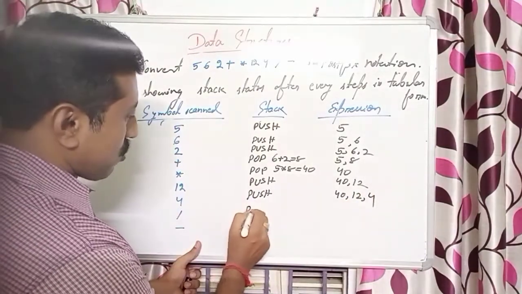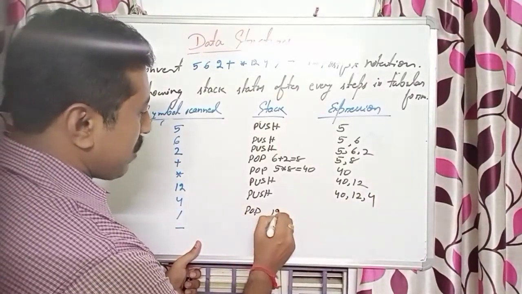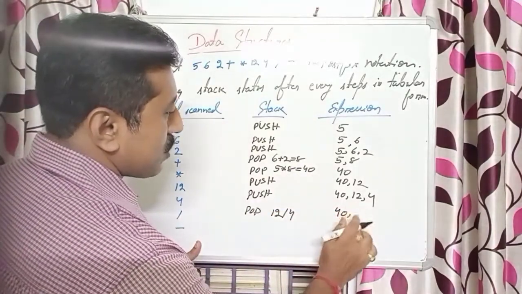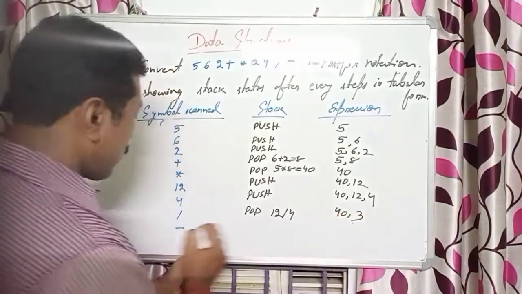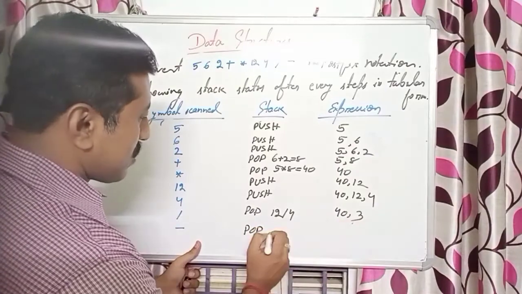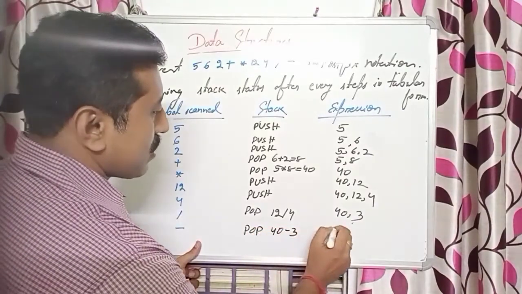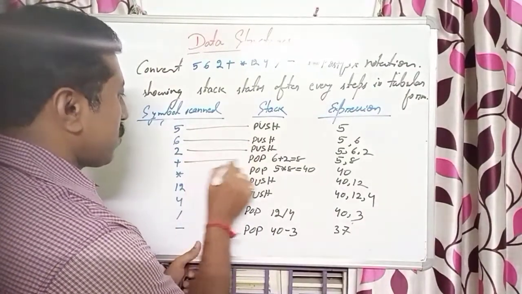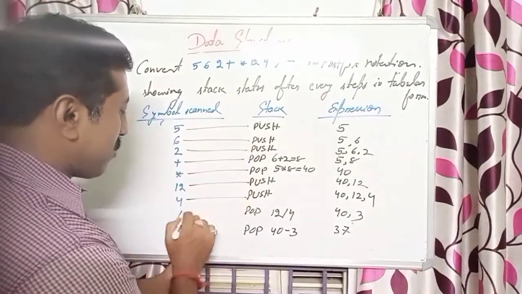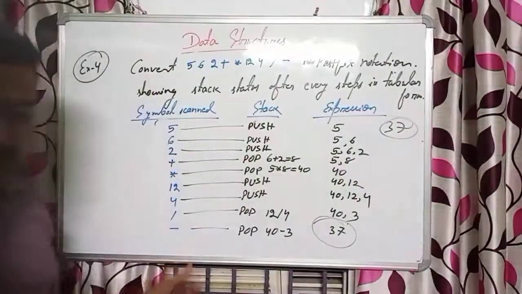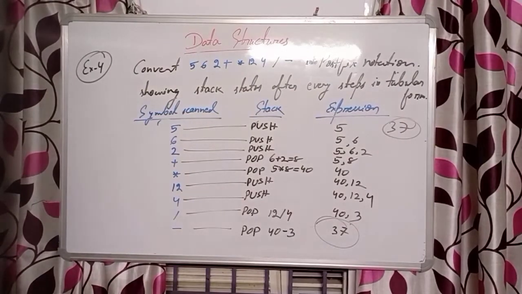Then the divide sign comes, that is pop. 12 by 4 means 3, so we have 40, 3. Then the minus sign is given, that is pop: 40 minus 3 is 37. So in this way we can evaluate, and the final value will be 37. That is the result.